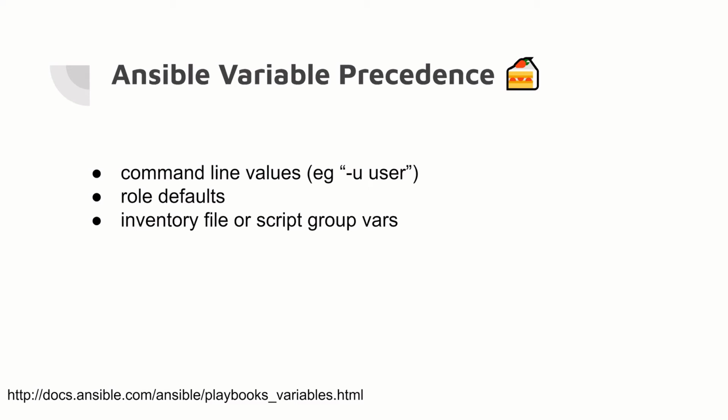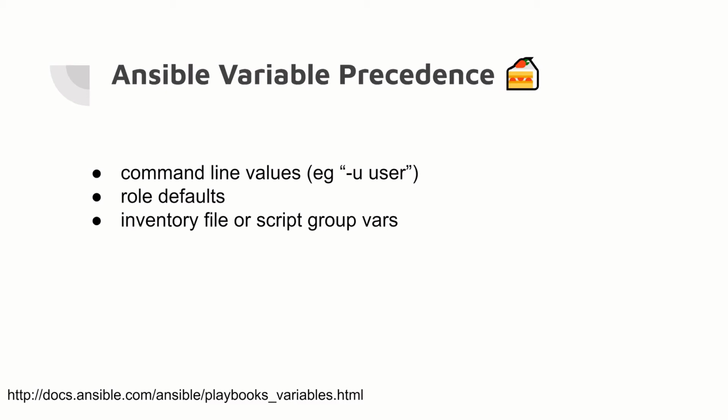But remember YAGNI, you aren't going to need it. You may not always need everything, but the point of infrastructure as code is that you are describing everything about your infrastructure as much as you prefer to in your Ansible playbooks and supporting libraries.